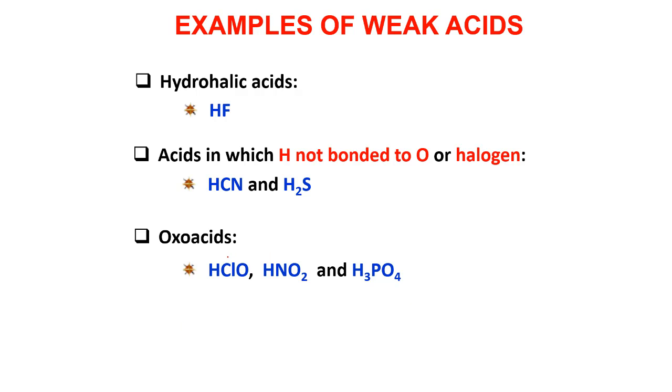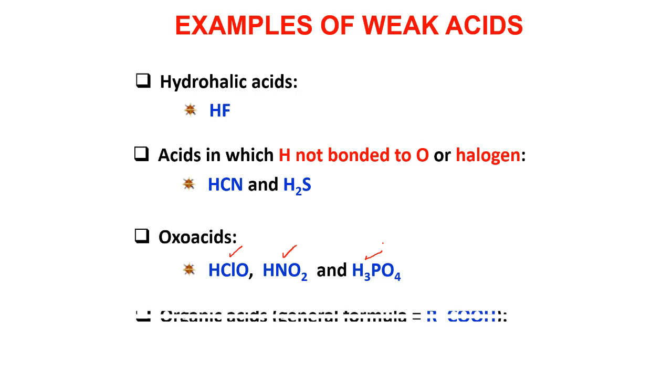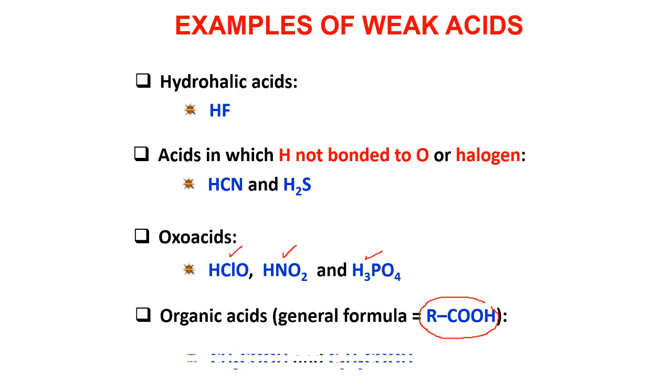Ini adalah hypochlorous acid, nitrous acid and phosphorus acid. Okay. And organic acid. Kalau you tengok general formula ini, kita nampak jelas lah. Macam carboxylic acid kan. For example, acetic acid and benzoic acid. So, kena tahu contoh strong acid and weak acid.